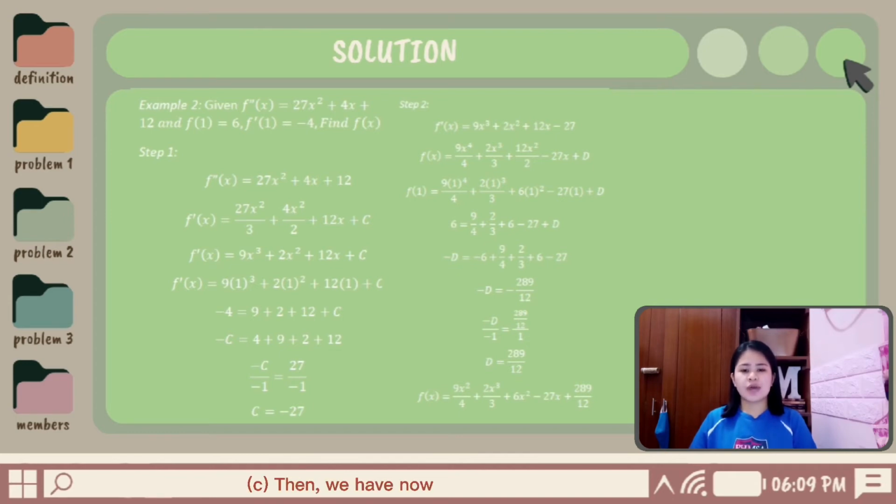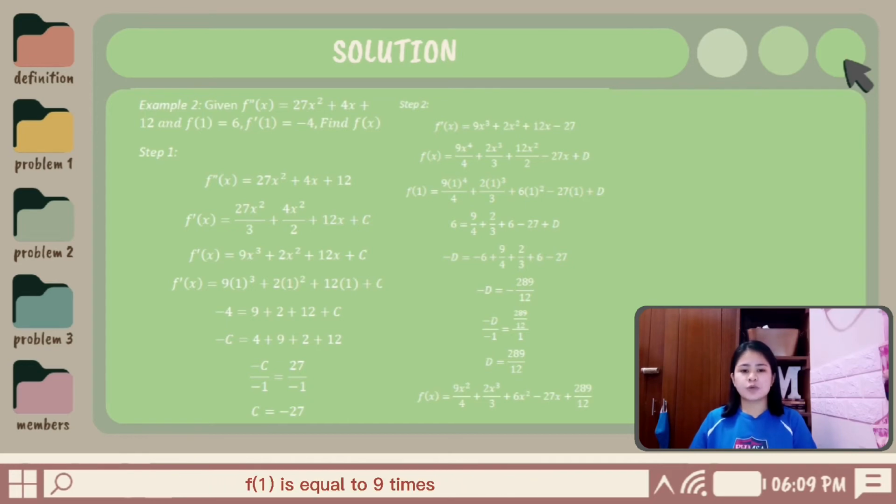Then, we have now f of 1 is equal to 9x to the 4th power over 4 plus 2x cubed over 3 plus 12x squared over 2 minus 27x plus d. Fourth, replace x variables with the value of x, which is 1.